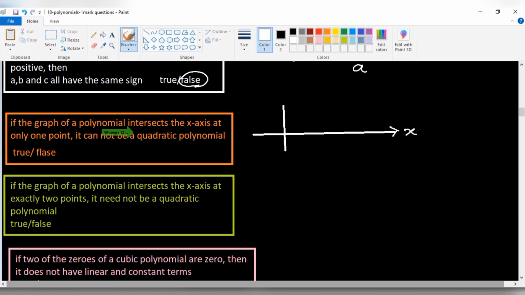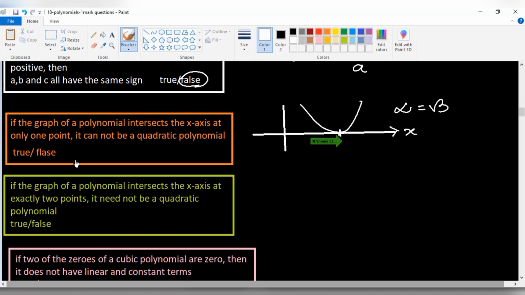So here it is said that it intersects the x-axis at only one point. Then it can be a quadratic polynomial like this. See, at one point only it touches the x-axis. This happens when both alpha and beta are same. When both the zeros are equal, then it can touch or cut the x-axis only at one point.